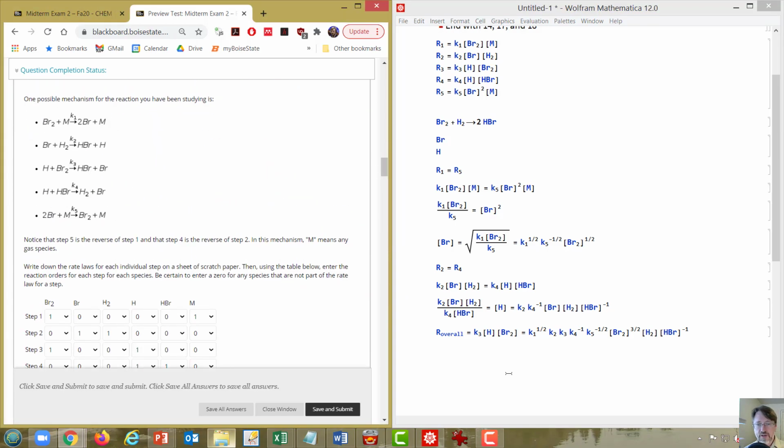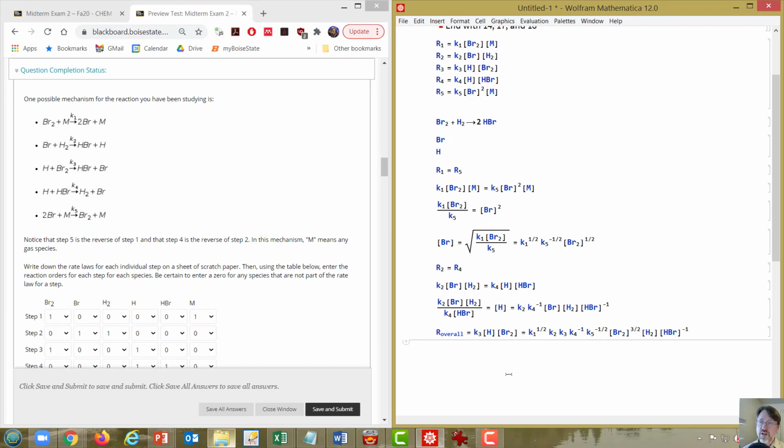Here's our mechanism. So rate of production of H equals rate of destruction of H is the steady state approximation. So H is not involved in step 1. In step 2, it is produced. So on the produced side, we're going to have R2. It is destroyed in step 3. So on the destroyed side, we will say R3. It is destroyed in step 4, so plus R4 on the destroyed side.